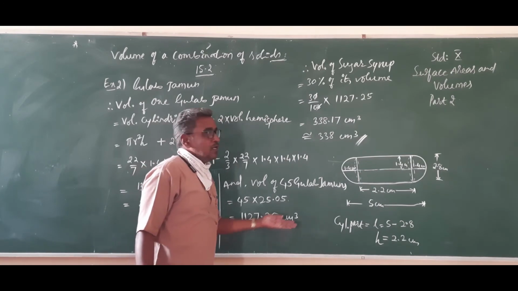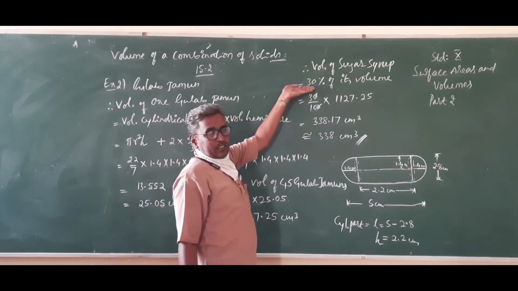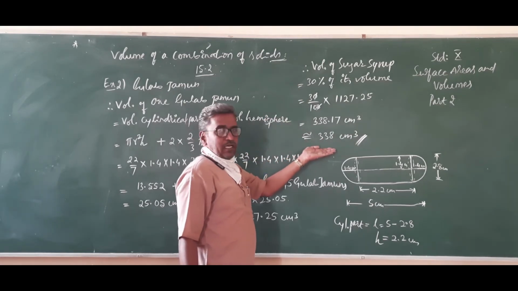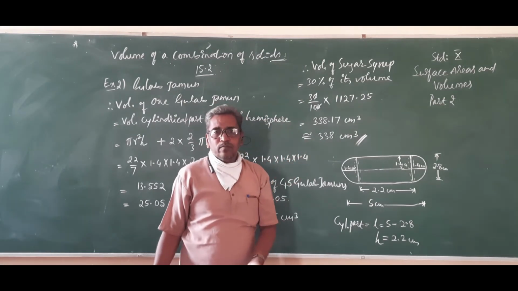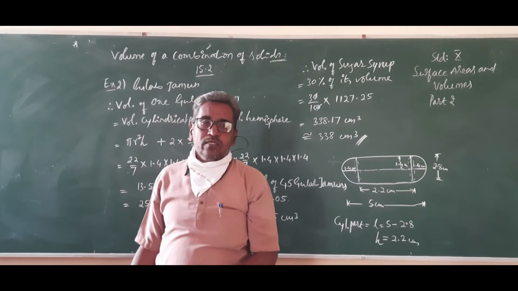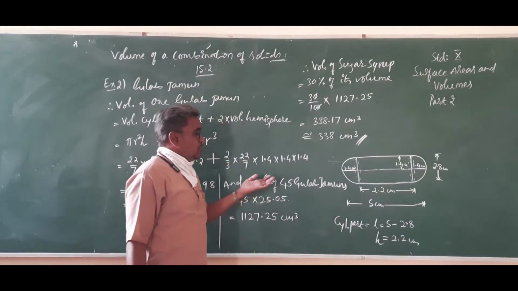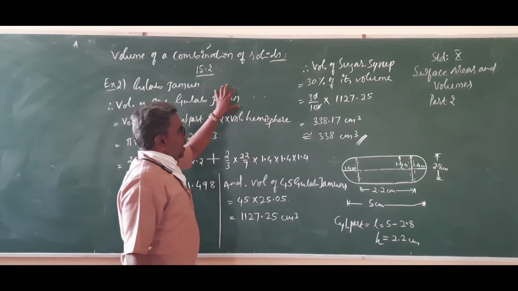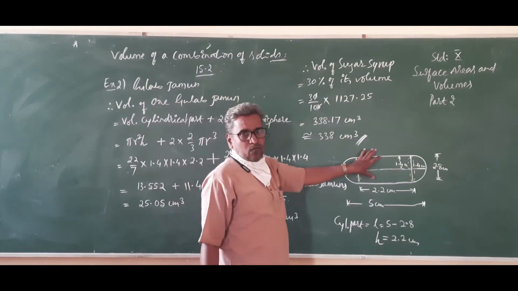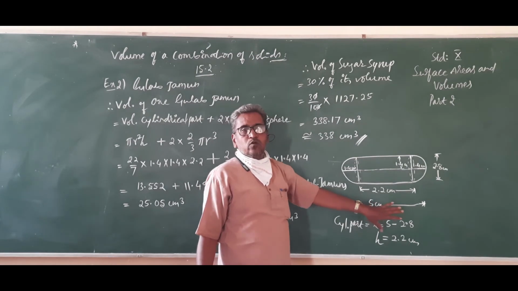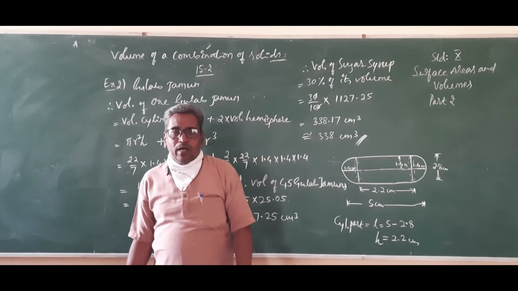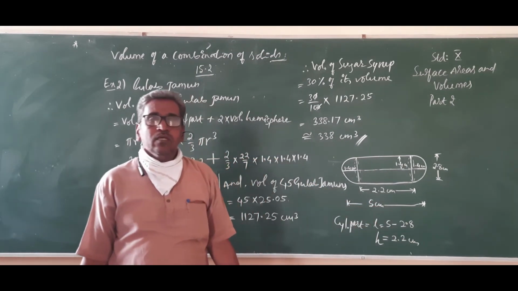Out of this, 30% is sugar syrup, which is nearly equal to 338 centimeter cube. That is the sugar syrup in the 45 gulab jamuns. In this way, the first work is, according to your question, roughly an idea is given. Then we calculate the values by using the formula.